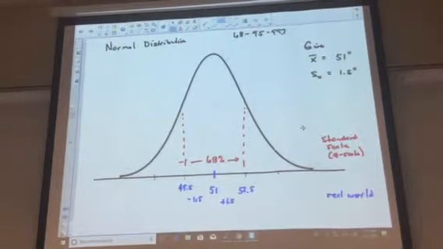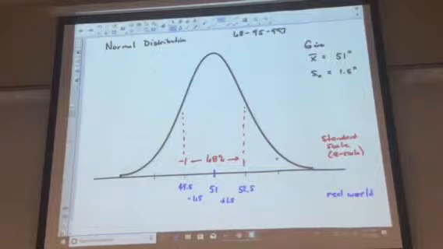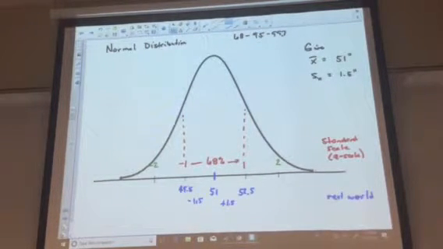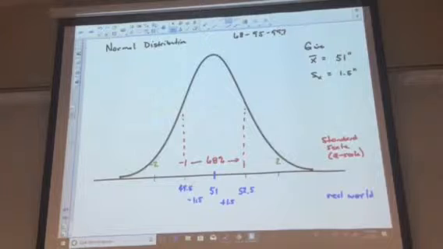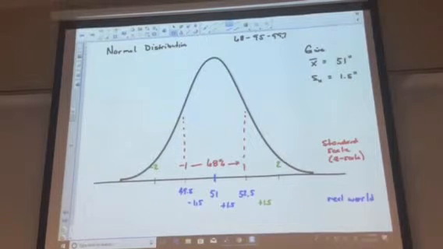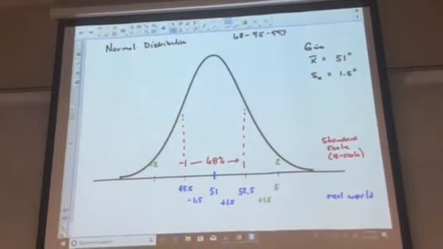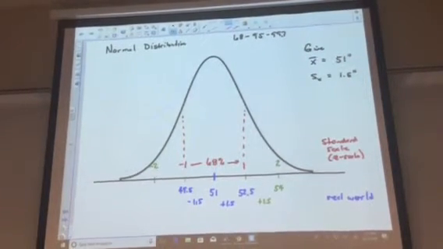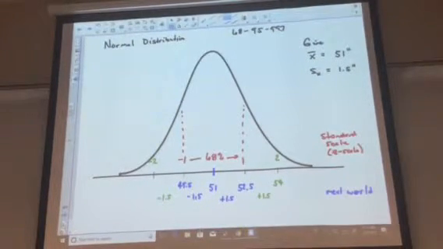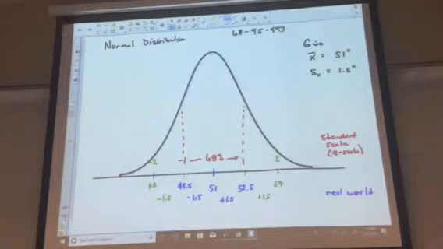If we take a second step out there, if we go out to 2 standard deviations above the mean, or 2 standard deviations below the mean, that means that we would take another 1.5 unit step, taking us now to a position of 54, or we would take another 1.5 step backward, which would take us to a value of 48.